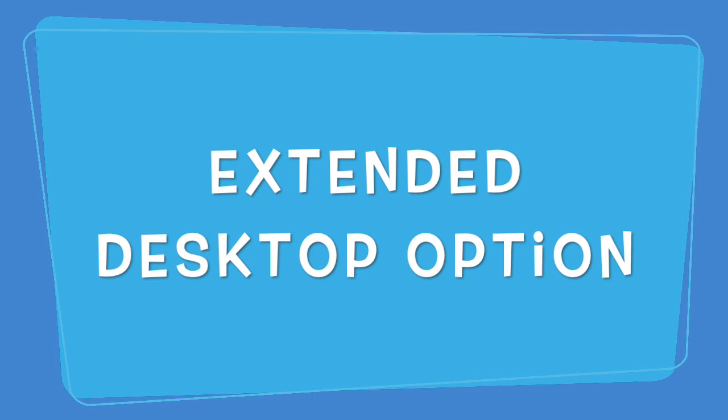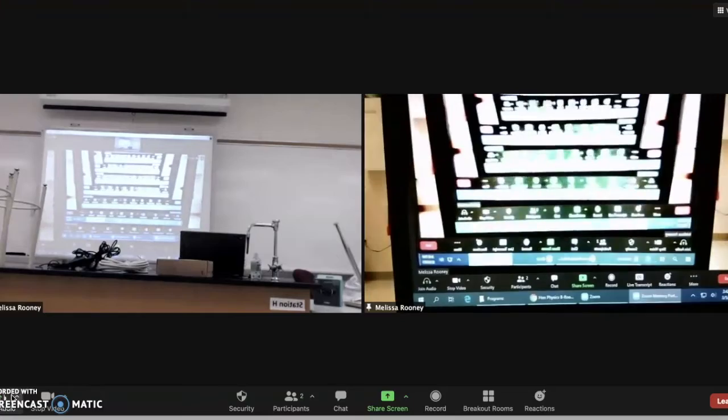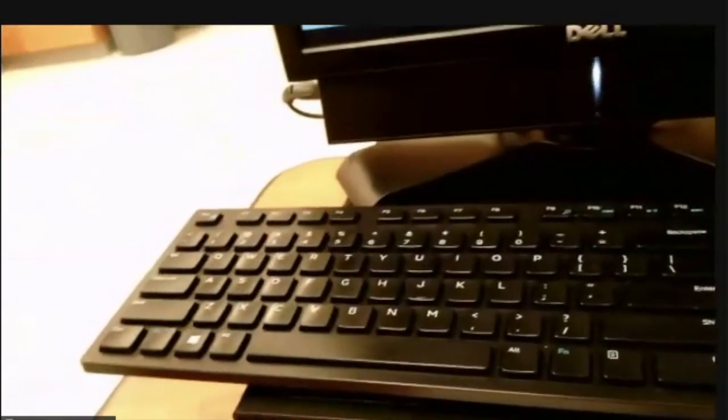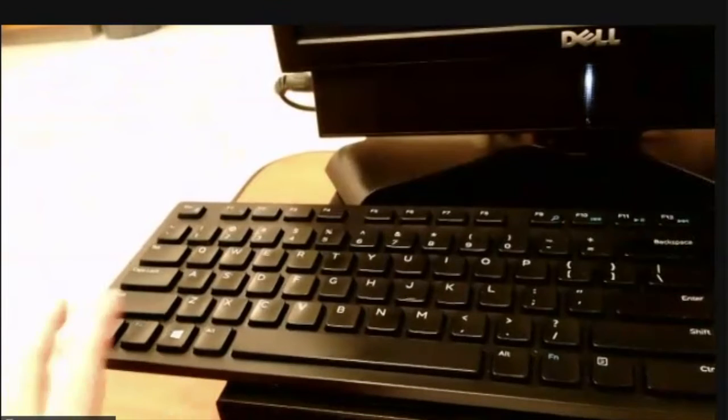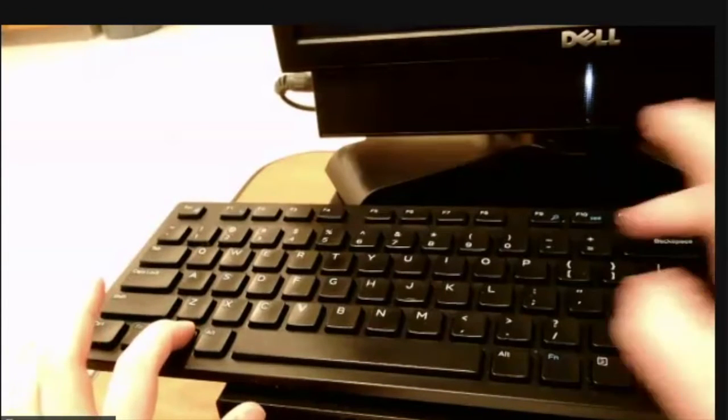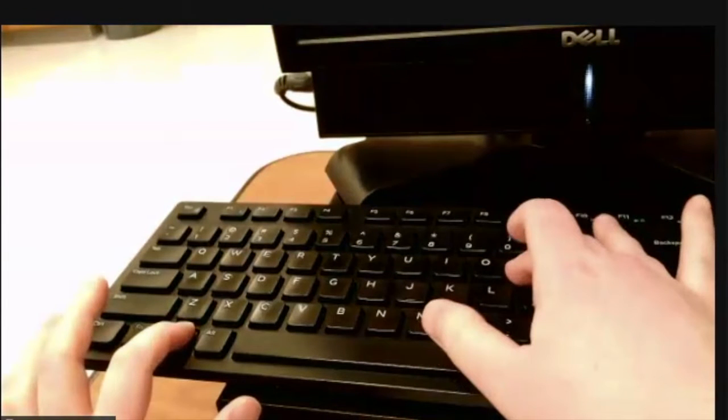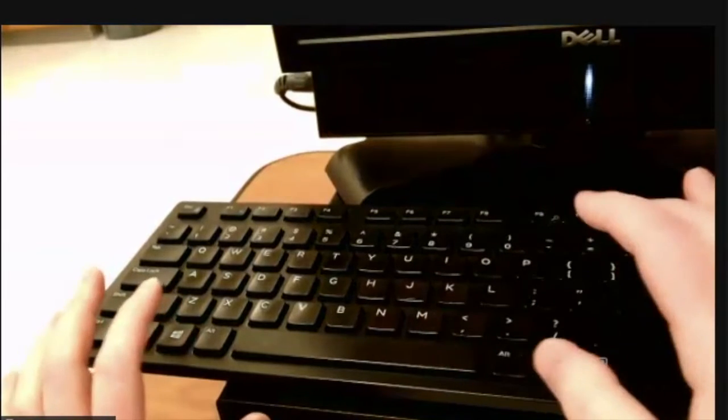What I'm going to do is stop my share screen and show how changing to an extended desktop can change what is visible to students. So if I select on my keyboard, and I'm going to adjust my document camera so you can see my keyboard, if you select the Windows key and the P as in Papa key, that is going to open the menu on your desktop.